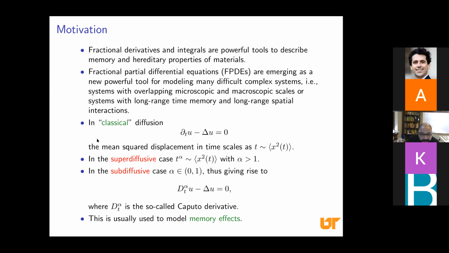A classical example of where these fractional derivatives and integrals have appeared is in the case of anomalous diffusion. Classical diffusion is usually represented by the heat equation, which we've all seen before, and is characterized by a very particular scaling between space and time, namely that the mean displacement squared scales like time.